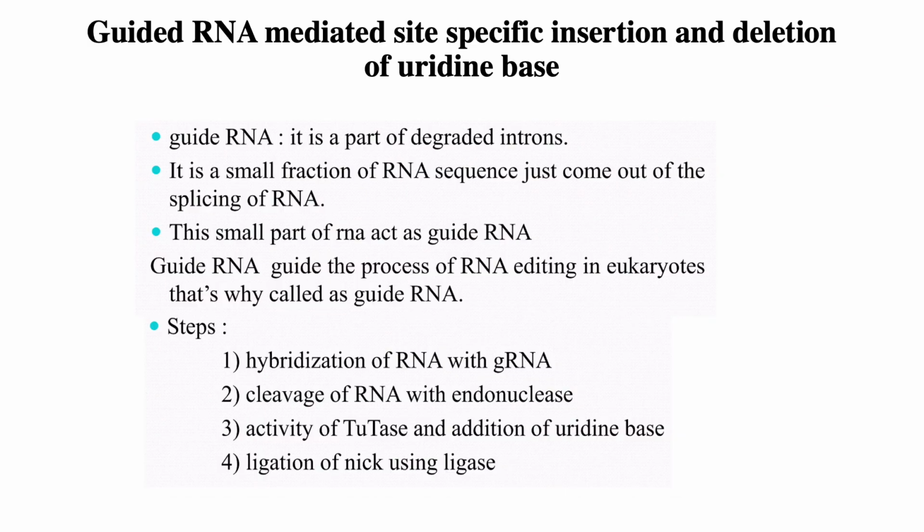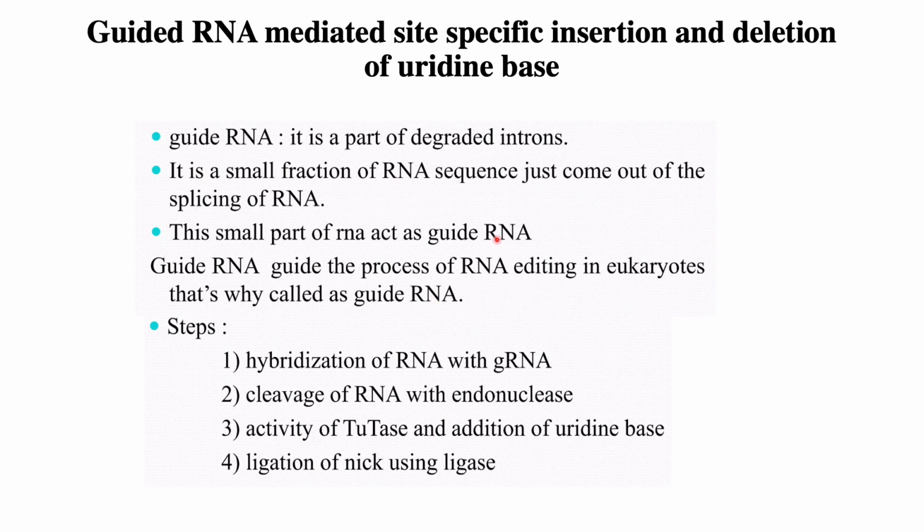The next type of modification is guide RNA mediated site specific insertion and deletion of uridine bases. Guide RNA is a part of degraded introns, a small fraction of RNA sequences that just came out of splicing of RNA. So these could act as guide RNA molecules. They guide the process of RNA editing in eukaryotes, and that's why it's called guide RNA.